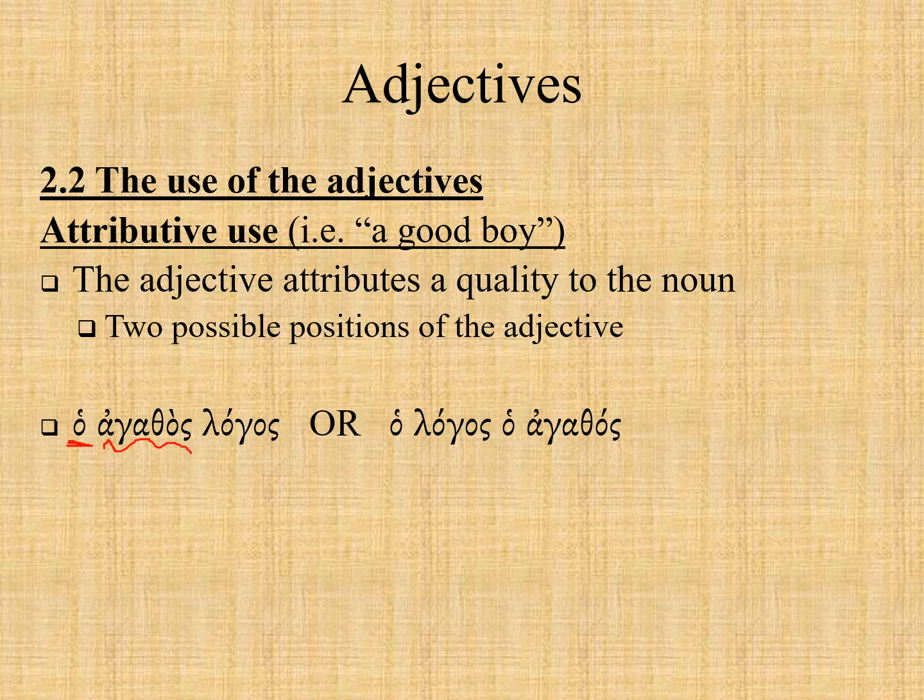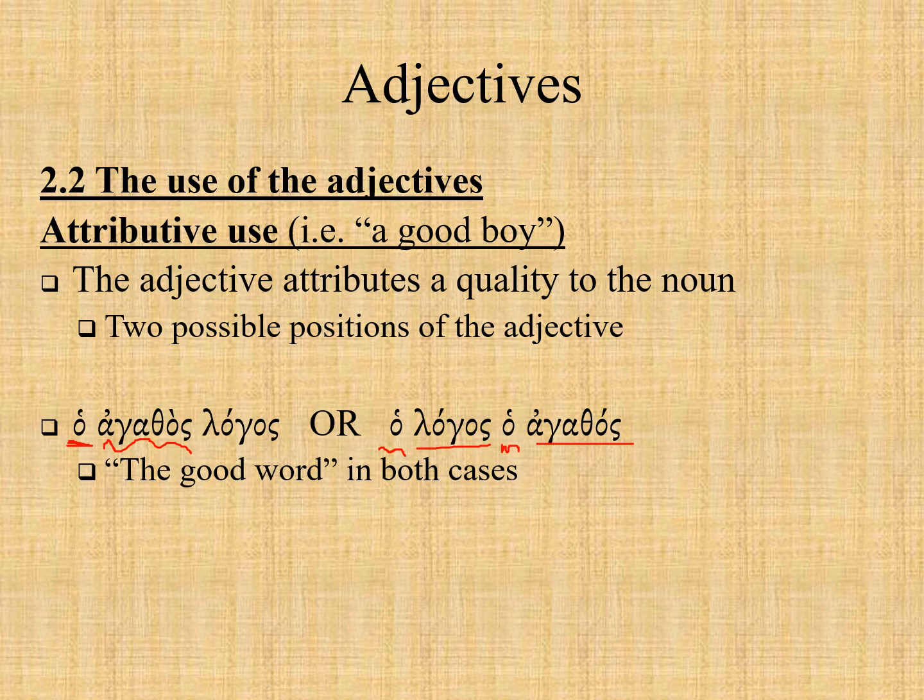Now notice in this second example we have an article in front of the noun and in front of the adjective. Both translations for these phrases would be the good word. Just because we have two articles does not make a difference in the translation. Obviously, it is impossible, grammatically speaking, to translate into English the word the good. It just does not make any sense.